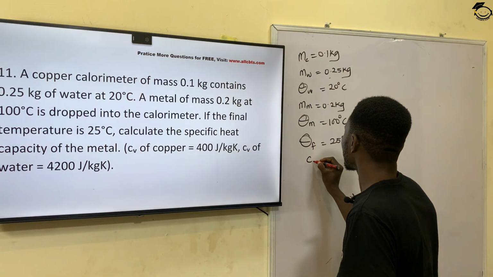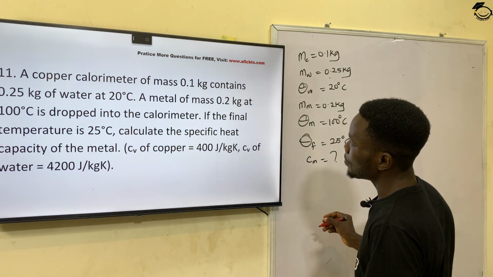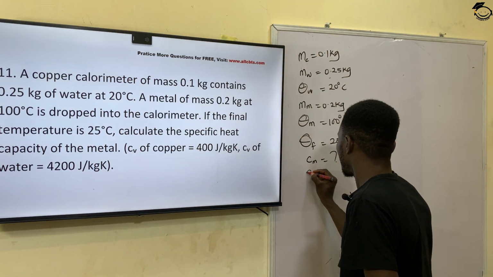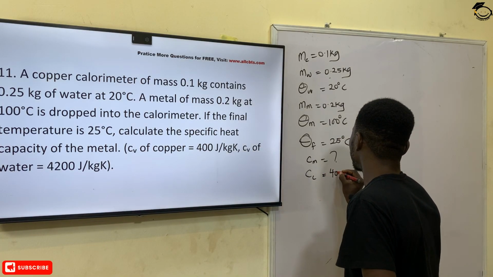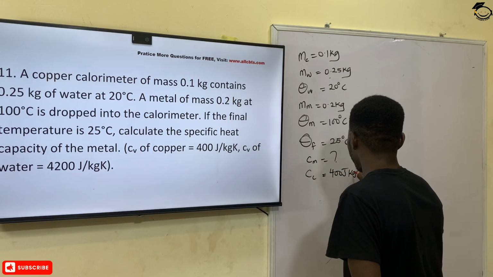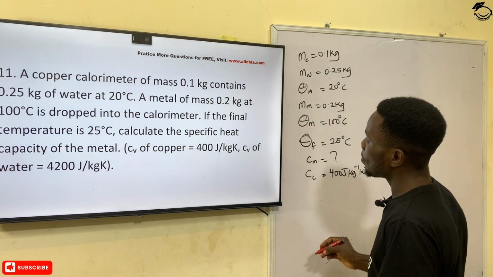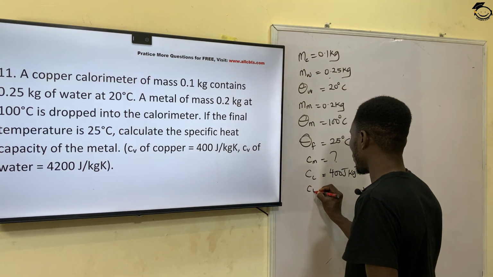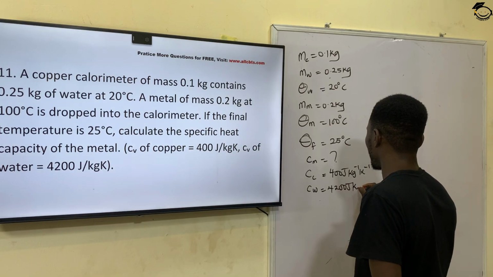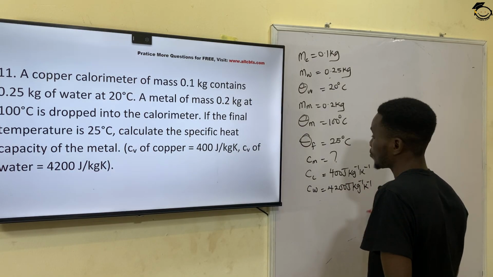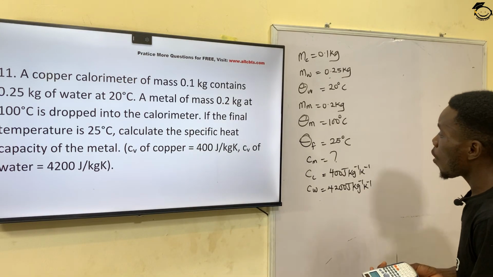So the specific capacity of the metal is unknown. Then it said to take the specific capacity of the copper calorimeter as 400 joules per kilogram per Kelvin, and the specific capacity of water to be 4,200 joules per kilogram per Kelvin. So in this question, we have to find the specific capacity of the metal.